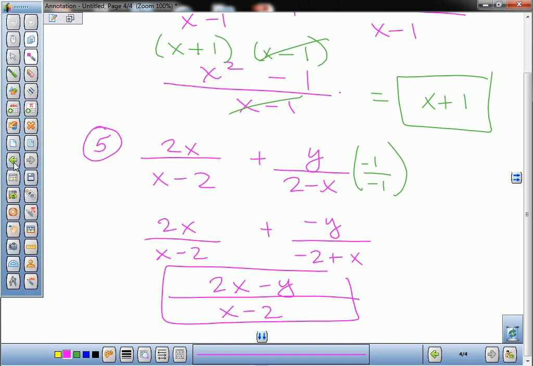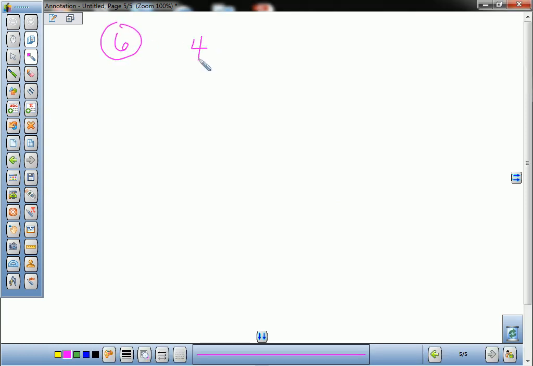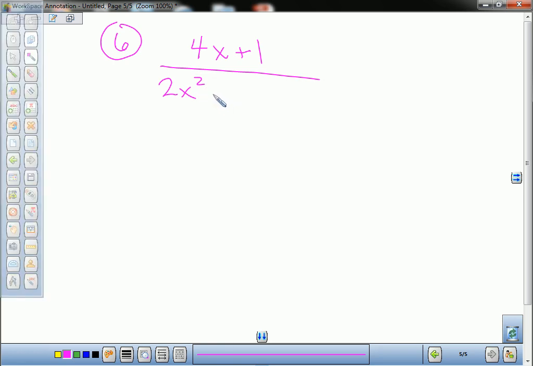You ready for the last one? I think you can handle it. It's going to be no tears. Here it comes. 4x plus 1 over... We don't have any room to write it.